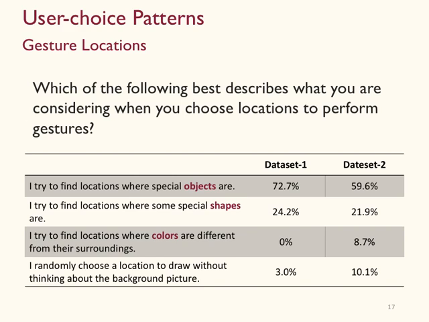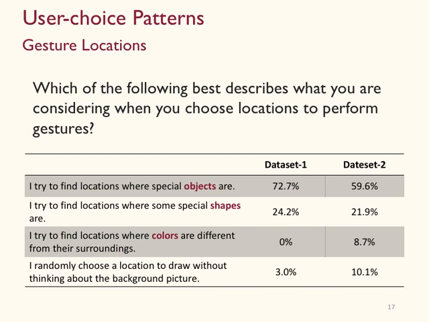We asked questions like, which of the following best describes what you are considering when you choose locations to perform a gesture? The password is not only the gesture. The gesture could be a circle, a tap, or a line, and also the location.